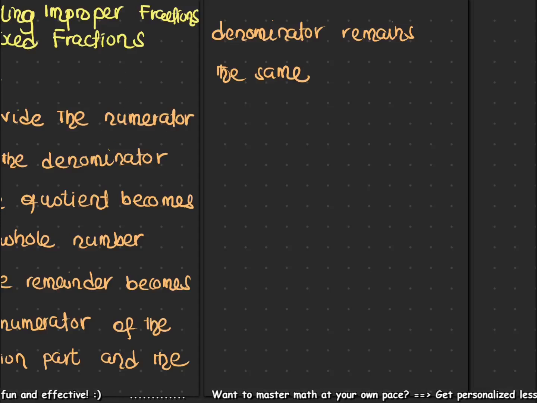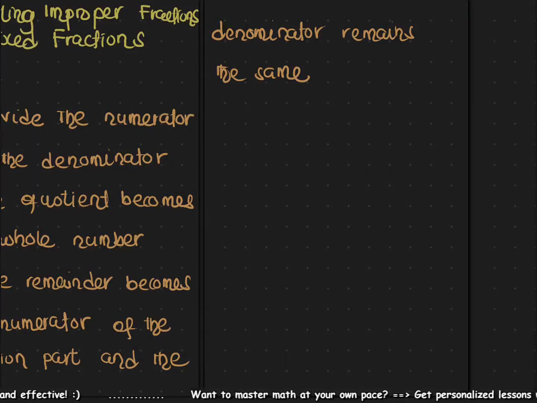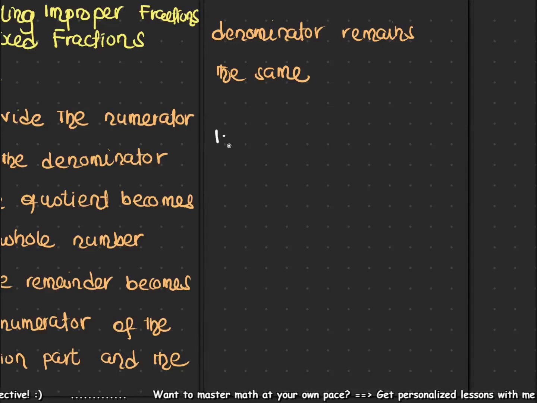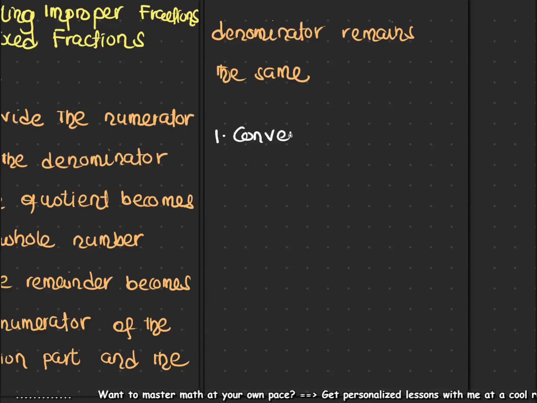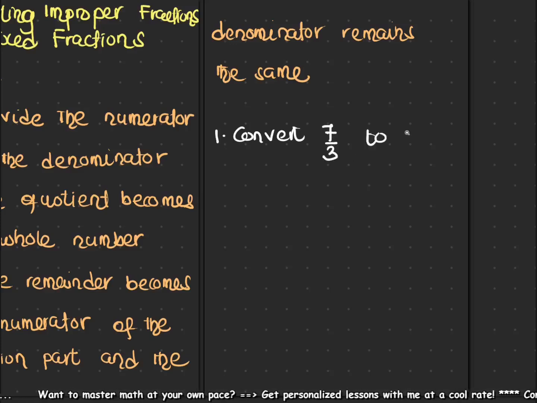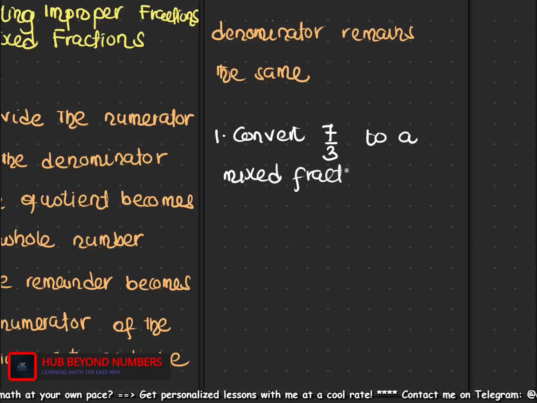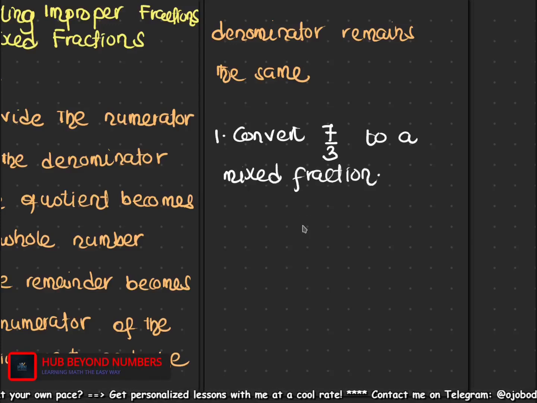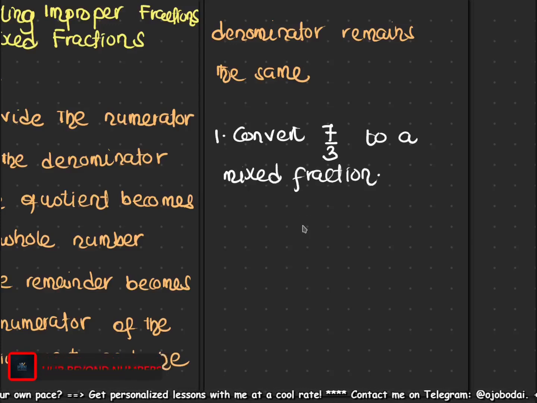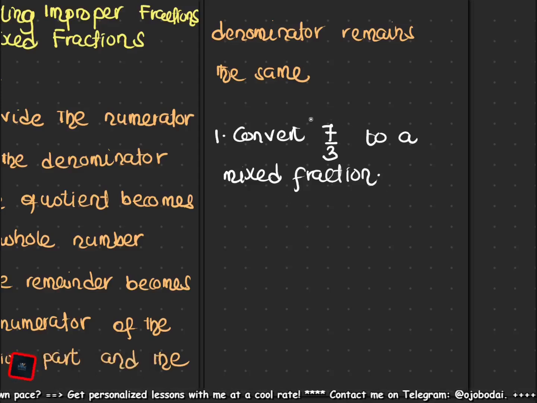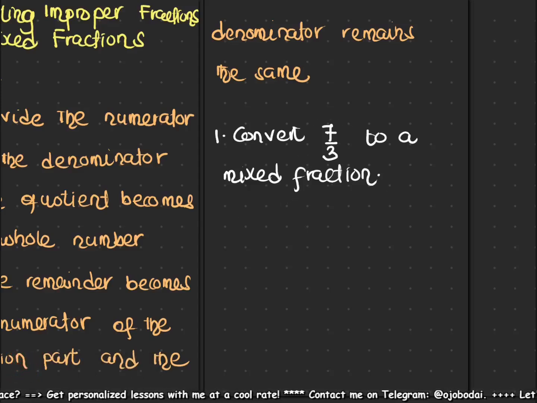So for instance, let's look at number 1. We have to convert 7 over 3 to a mixed fraction. Based on what we are saying, our instruction said, first of all, we should divide the numerator by our denominator.